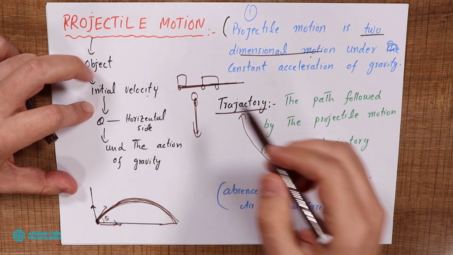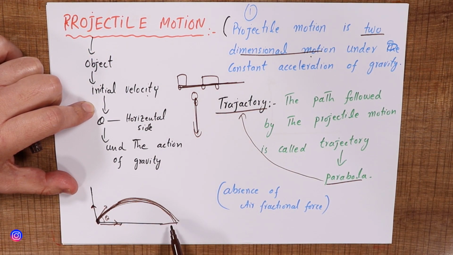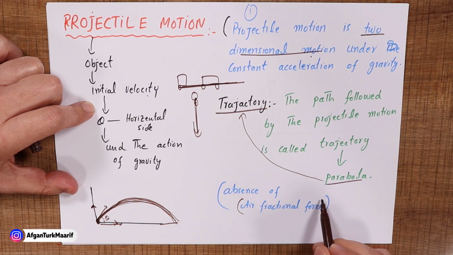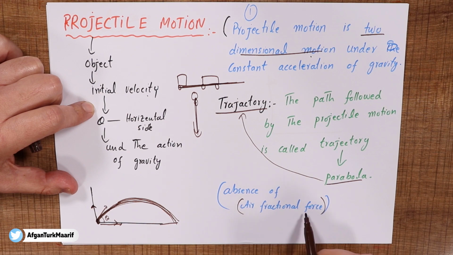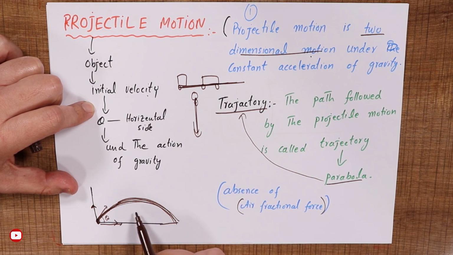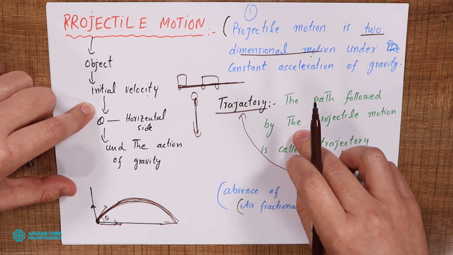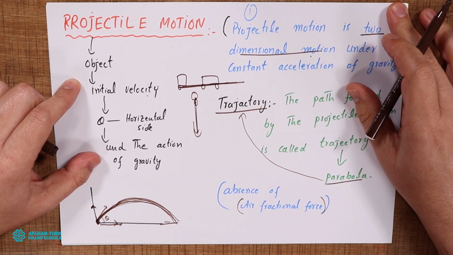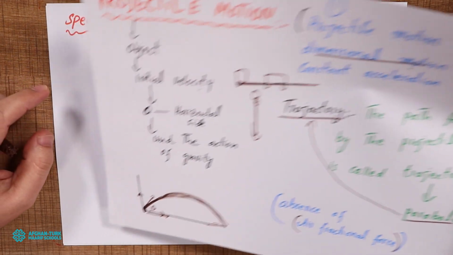Now remember one thing: when we discuss projectile motion, we consider there is no air or frictional force. We will neglect the air resistance force and only consider the gravity force in the projectile motion.